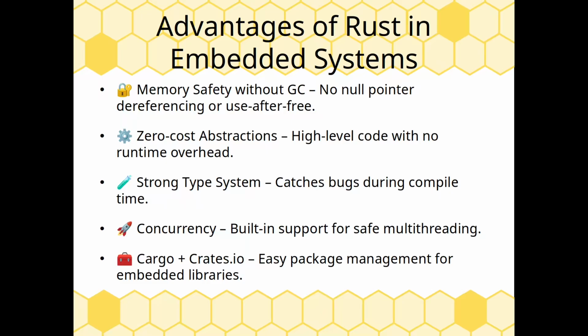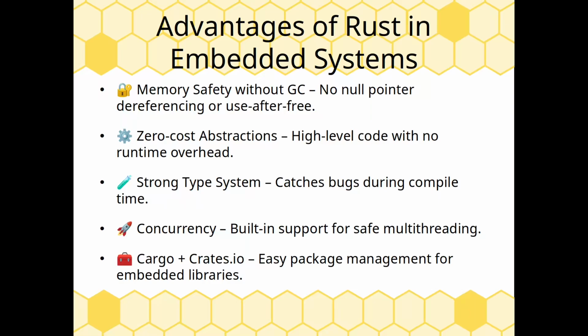And zero cost abstraction means there are no extra cycles taken by Rust when we are using Rust-specific components, and when we convert this into machine level code, there won't be any extra RAM allocation or anything.